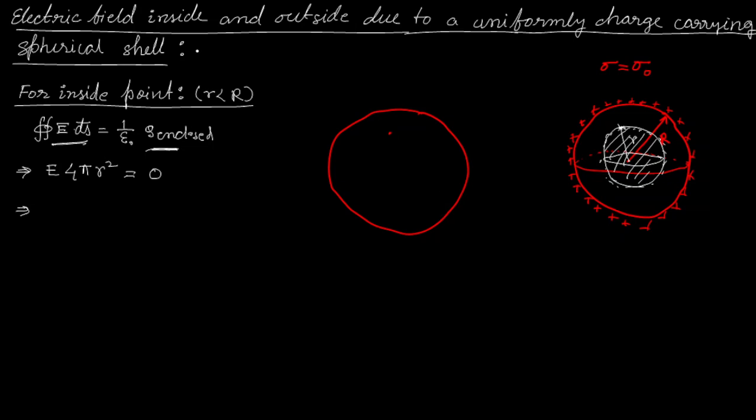Let me just do it this way. So let's say this is a pair of cones, this one and this one. Let me use two colors.